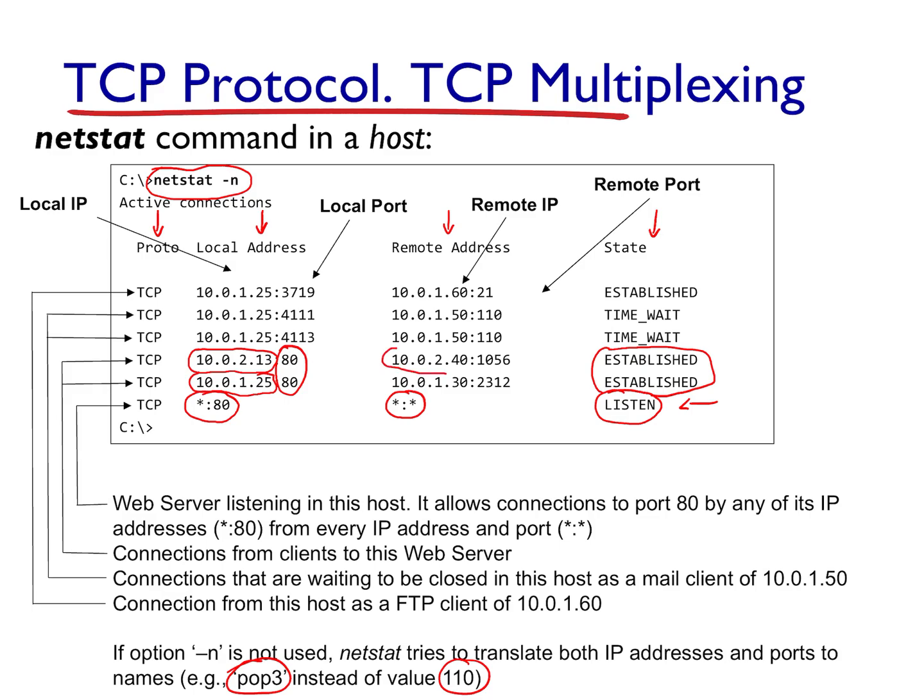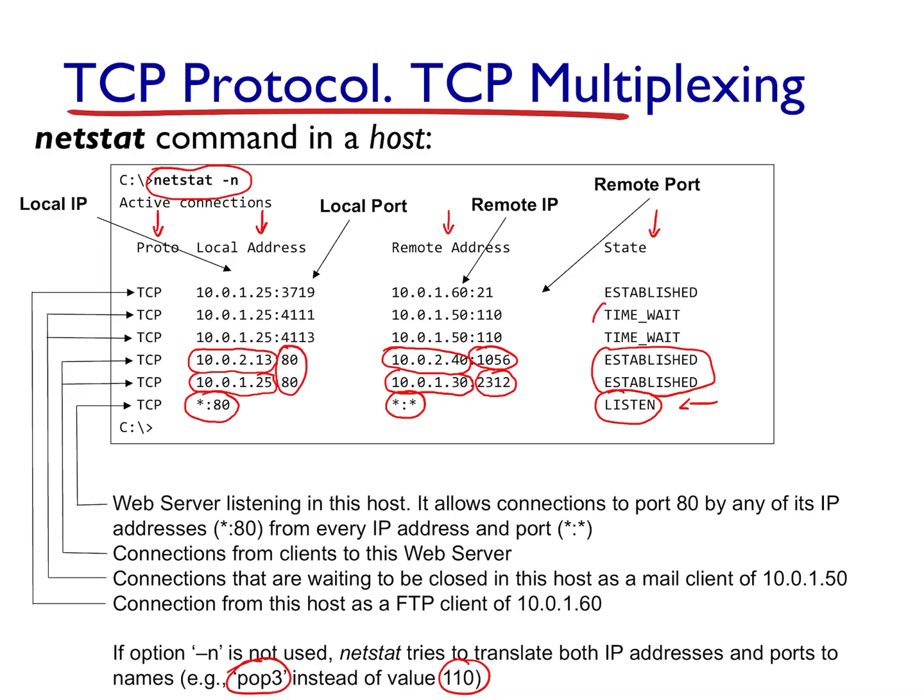The first one has this IP address and this source port, and the second one has another different IP address and this other second port. So as a summary, I'm acting as a web server. I'm accepting any request from any IP address in the world. And at the moment, I have two TCP connections that are established. One from the client ending in .40 and the other one ending in .30.